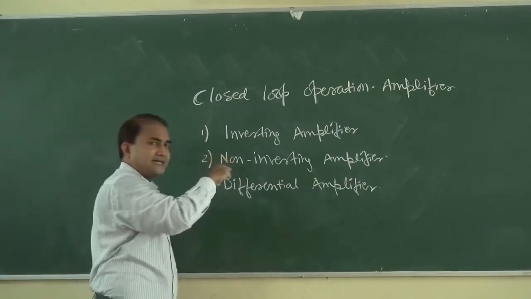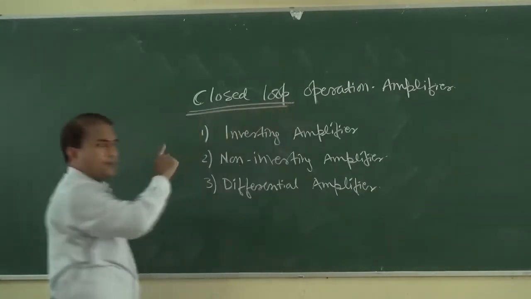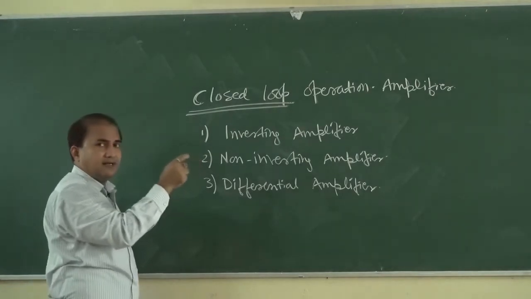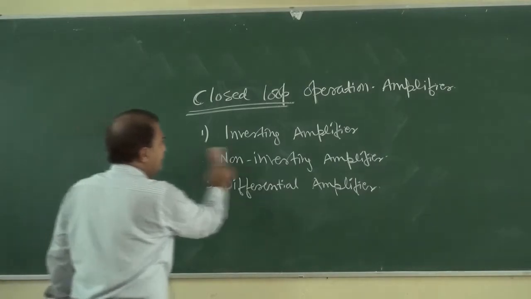These three configurations are in closed loop configuration. Closed loop configuration means here feedback will be used. So first of all, we will see the inverting amplifier.